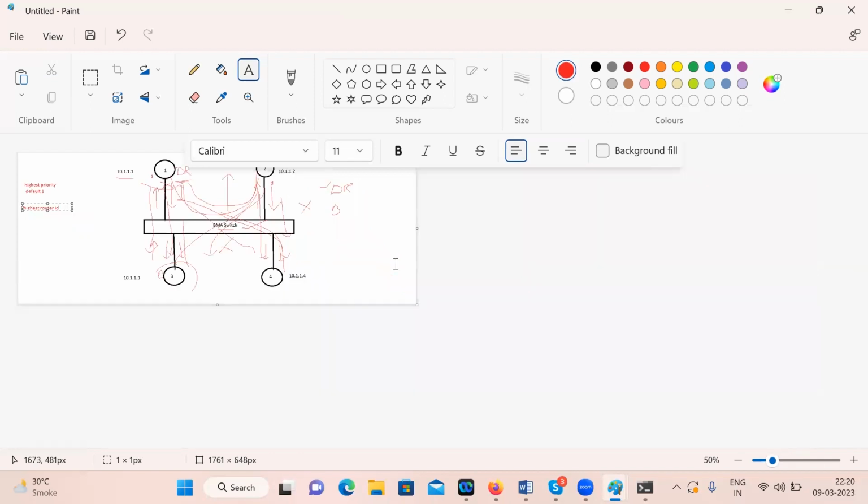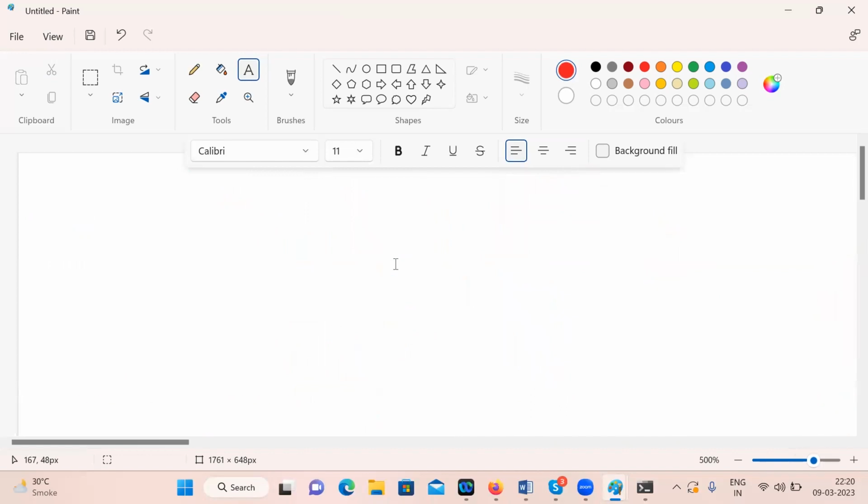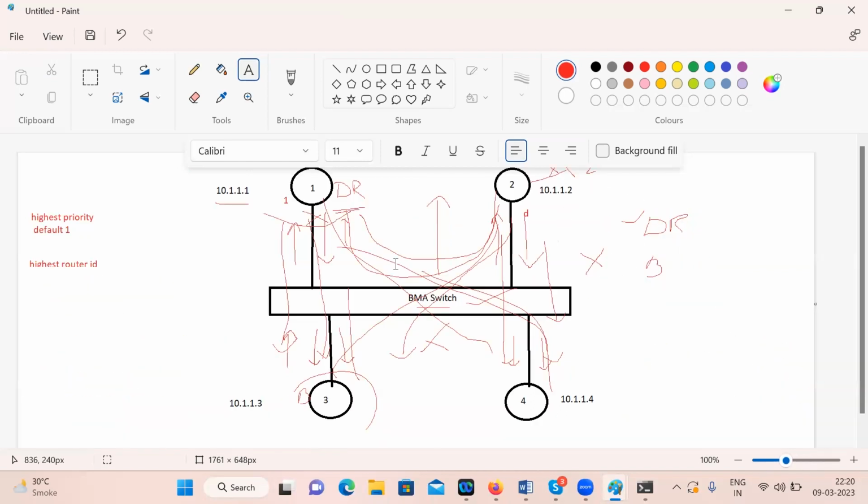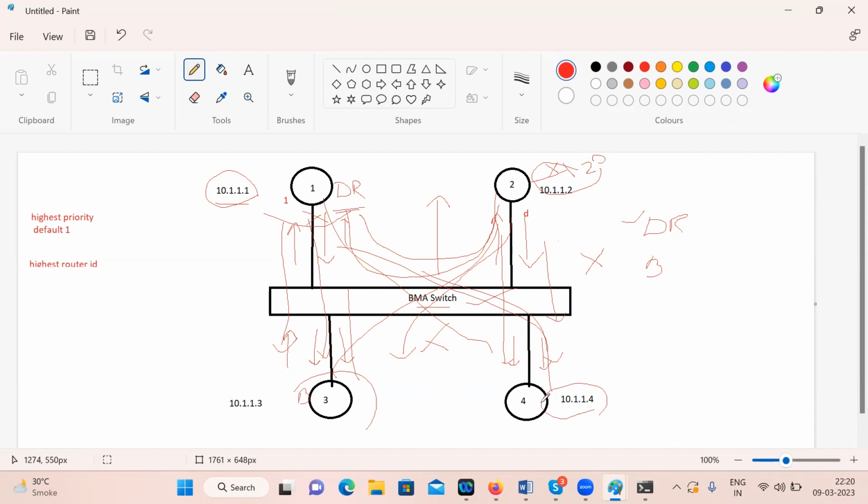For example, on this router this is the router ID, this is the router ID, and that is the router ID. Now as per the condition, in this topology this router is eligible to be the DR router.